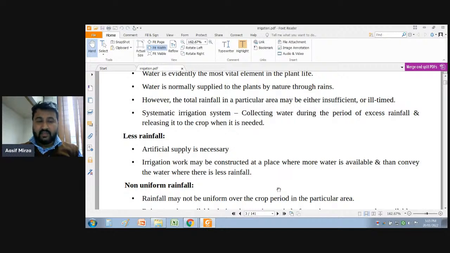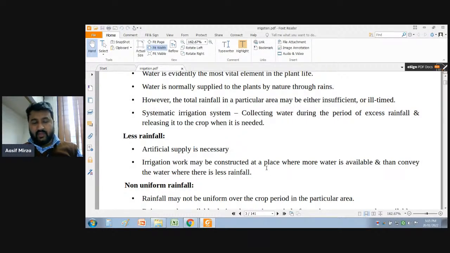So what can be done in the case of this irrigation system? Where the rainfall is very less, we can provide water through canals or any other form, by raising the water where it is available in a sufficient way.